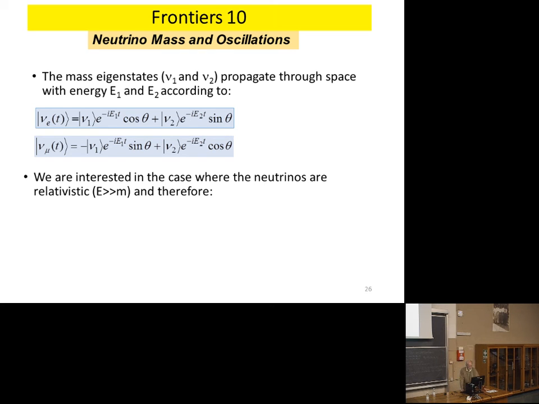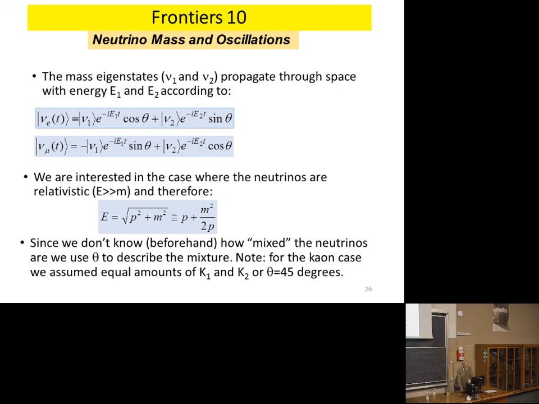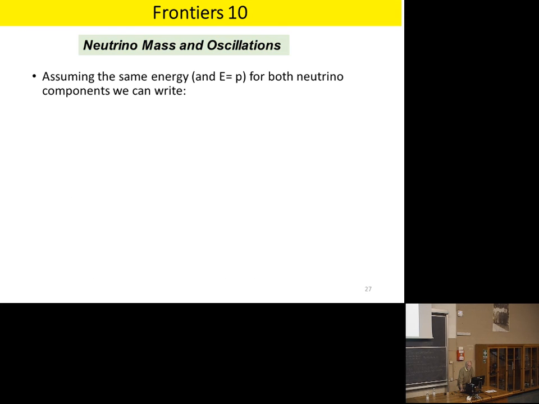We're interested in the case where the neutrinos are relativistic, so they're very light anyway, so they're going to go near the speed of light. And we put that in, which I've done mathematically here, and then in contrast to the kaon case where it was 45 degrees, we leave this angle in.